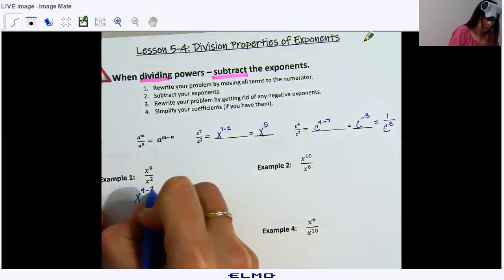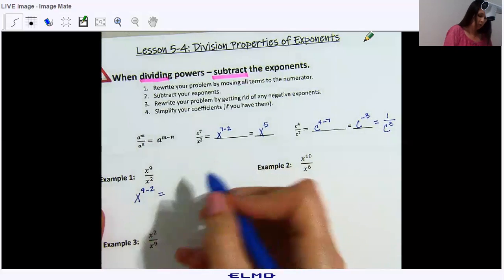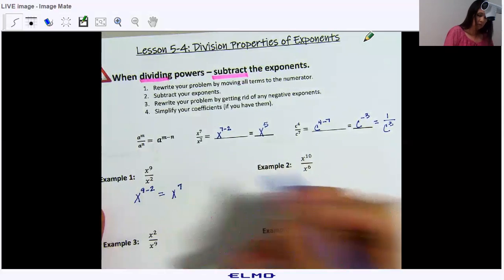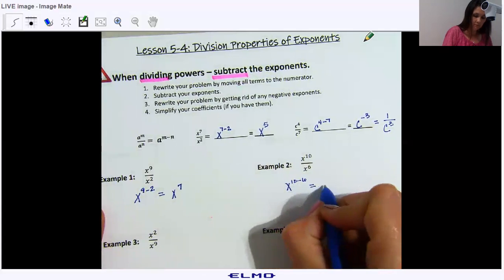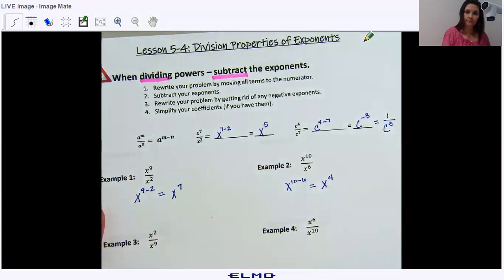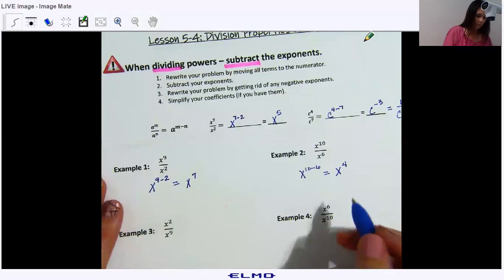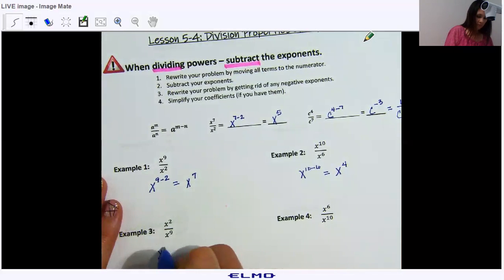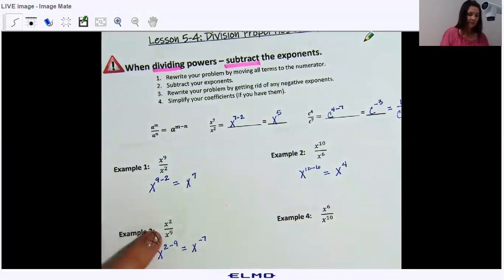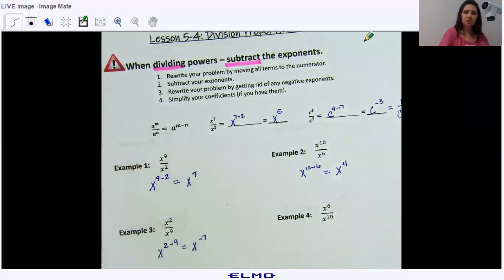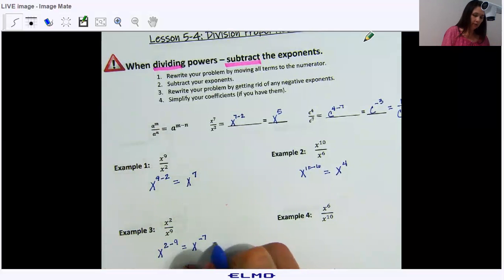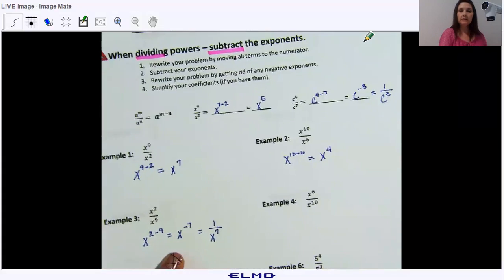Example 1. I'm just going to work these out. If you want to pause the video and come back, you can. Notice these are the same, examples 1 and 3, except the numerator and denominators are flipped, just to show you that when you end up with a negative, you will need to rewrite it so that your exponent is positive.